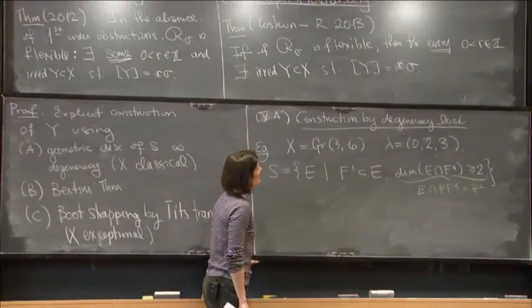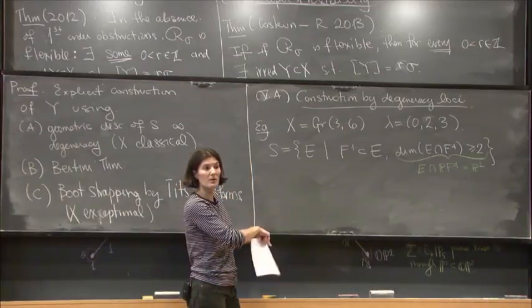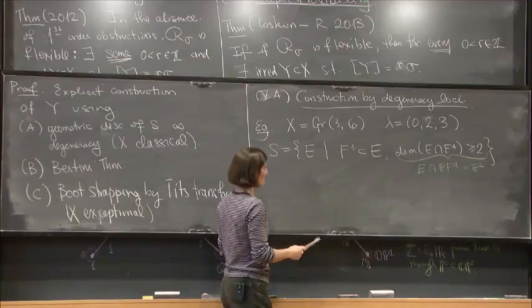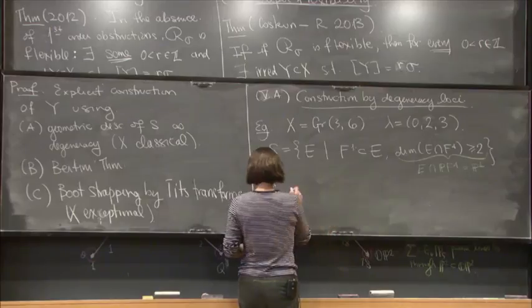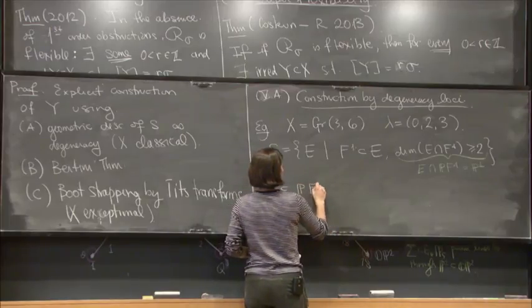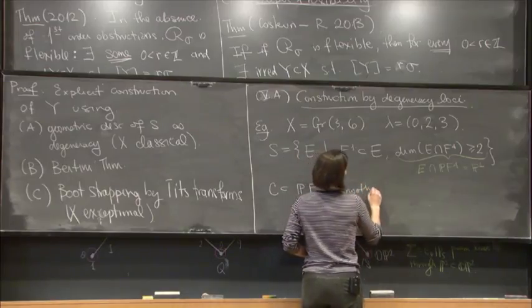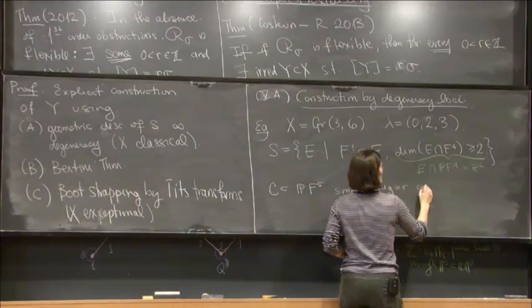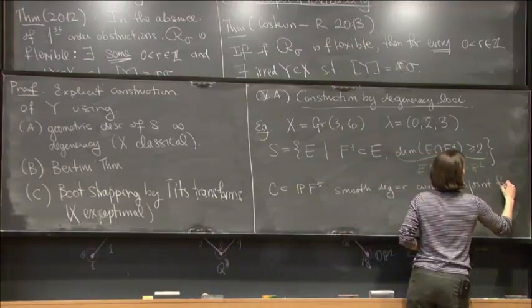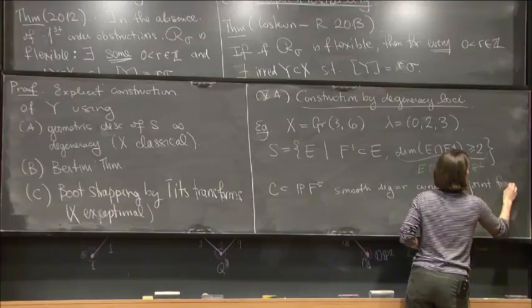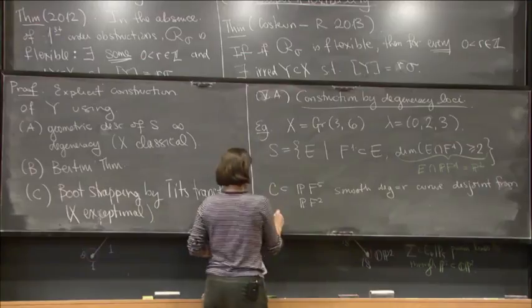Okay, so what I need to do is construct an irreducible variety Y that's homologous to any multiple that you care to give me of this Schubert variety. So you proceed as follows. You let C sitting inside the projectivization of F5 be a smooth degree equal to R curve that is disjoint from P F2.